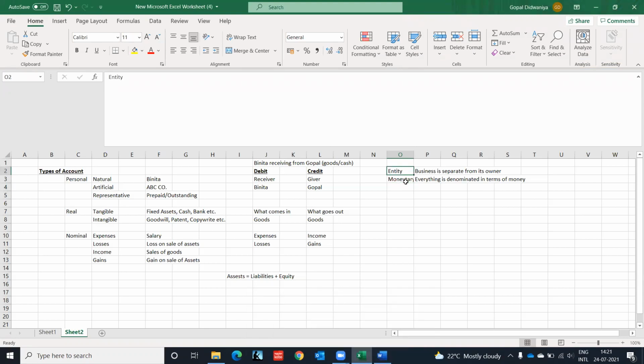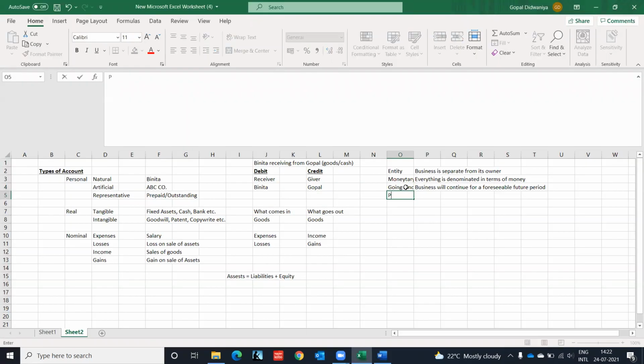We have discussed entity and monetary, then we have going concern. Going concern means you will continue for the foreseeable future. If somebody asks whether you are going to run this business for the next 2 years, 3 years, you have to assume and explain that yes, I am going to continue this business. That comes under the going concern assumption: the business will continue for a foreseeable future period.